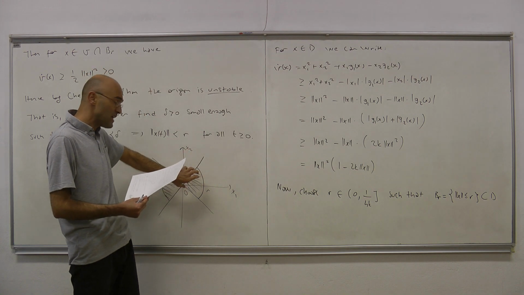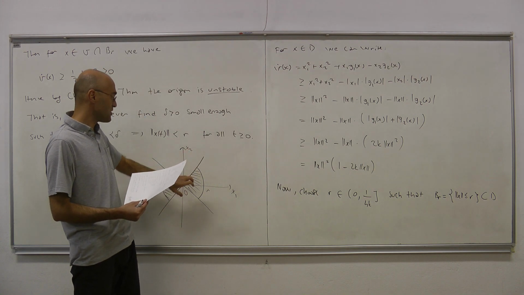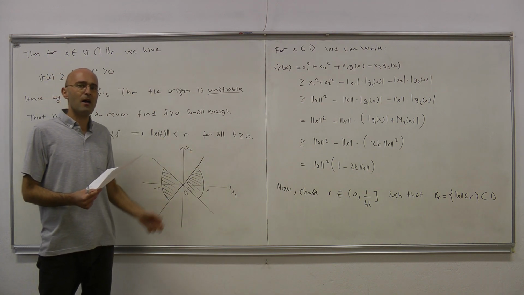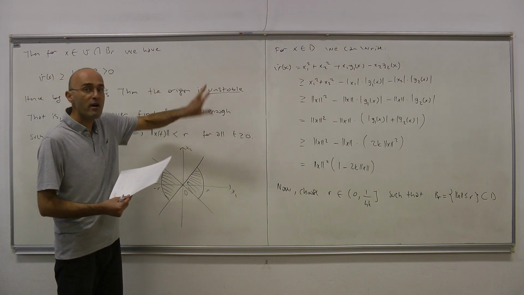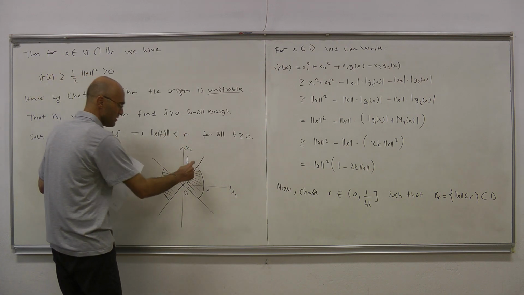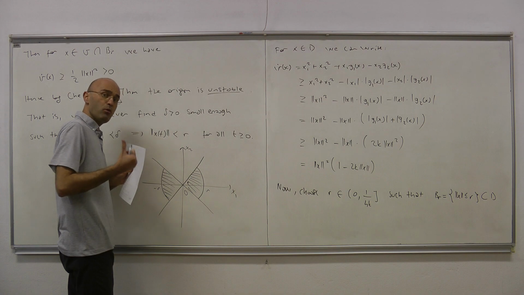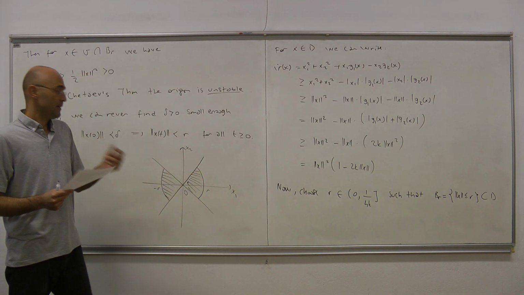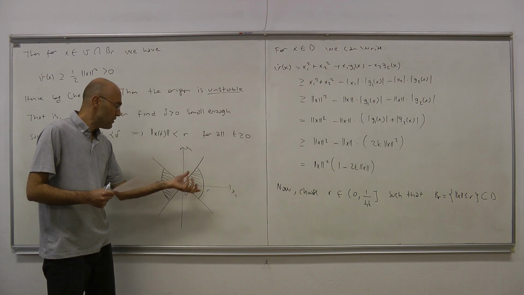If it stayed in this region forever, V would have to get unbounded and move away from the origin arbitrarily far. So at some point, since V is positive and V dot is positive here, the solution should get out of this set.